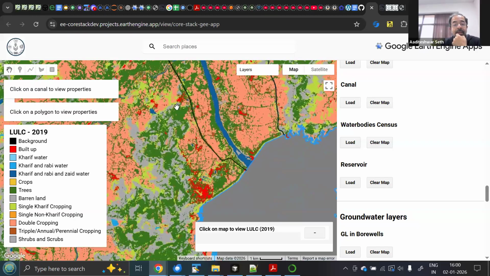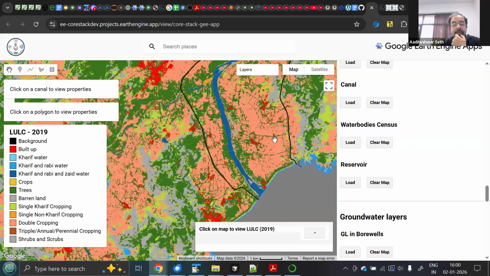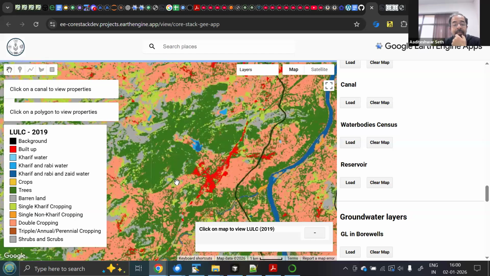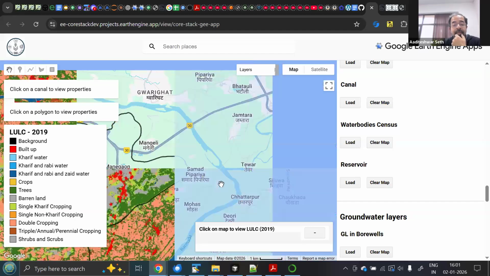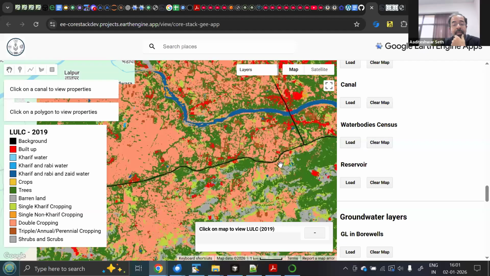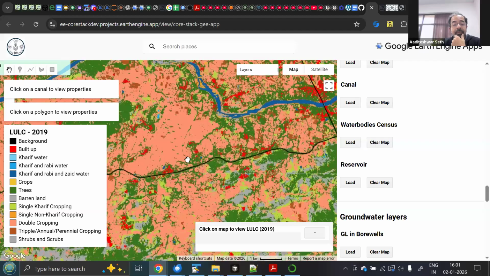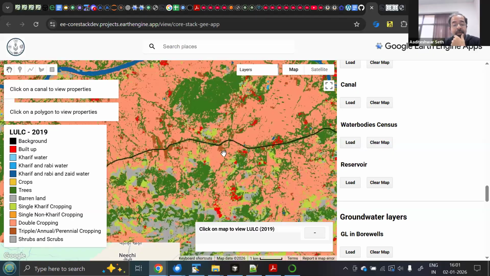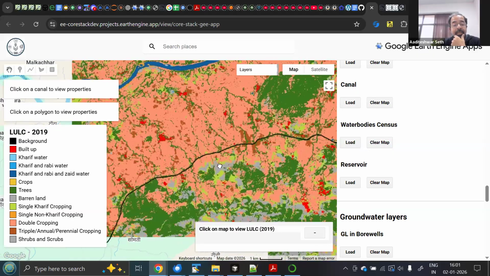Or areas which are to the head of the canal? All of these areas would be getting water easily, but areas which are further and further away may not be, because farmers at the head of the canals would typically have quicker access to water. Farmers at the tail end may not. But a lot of this can be investigated.